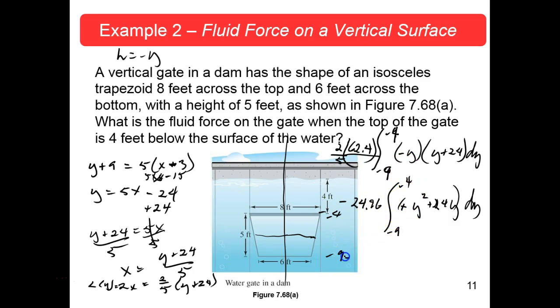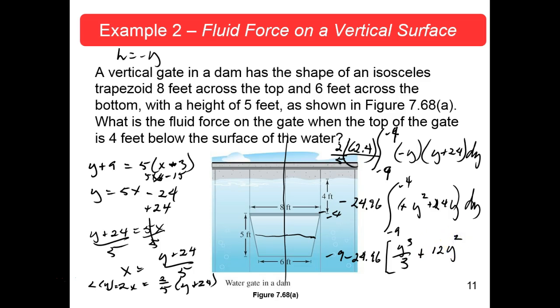So minus 24.96, and then what's the antiderivative of y squared? Y cubed over 3. Plus, and what's the antiderivative of 24y? 12y squared.